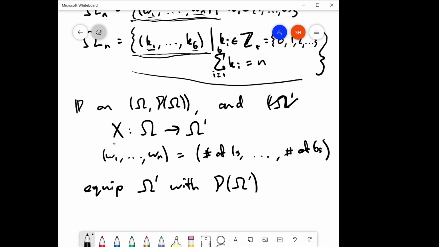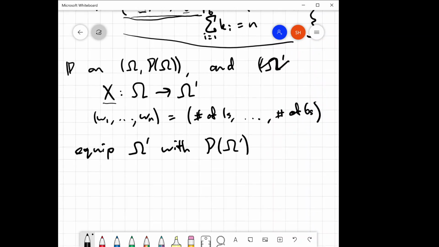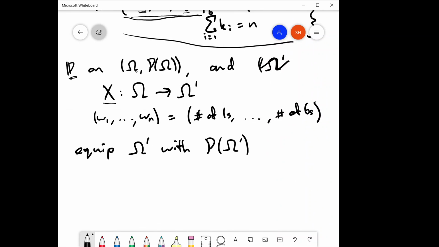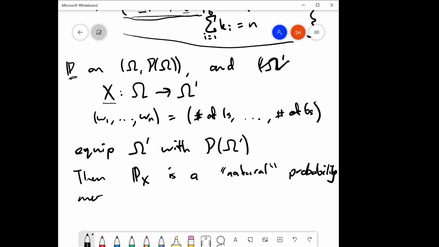Then this map X will be a perfectly good random variable, so we can use it to push forward P from omega to omega dash. Like then P of X is a natural probability measure on the power set of omega dash.